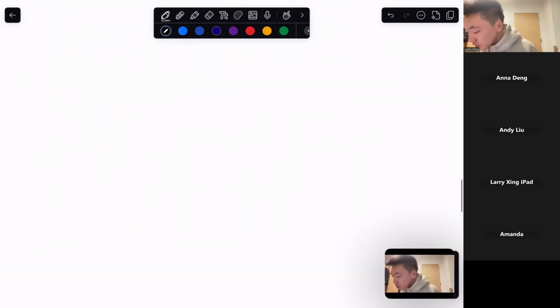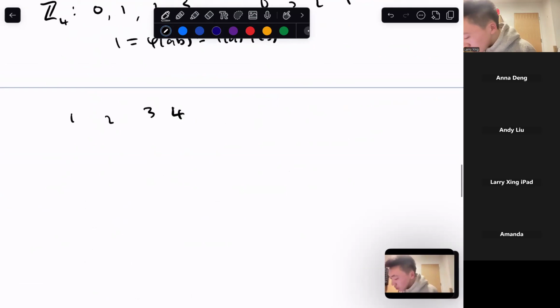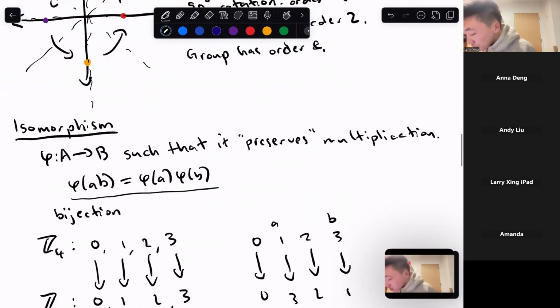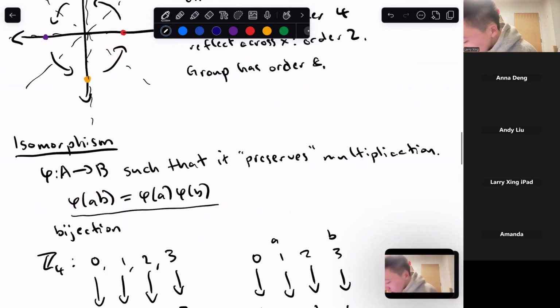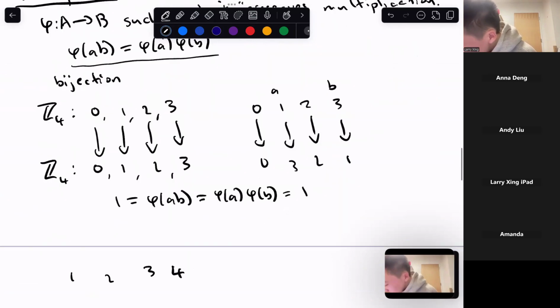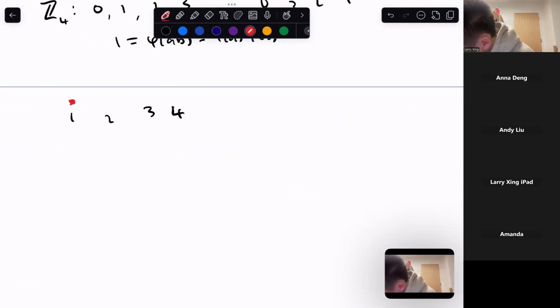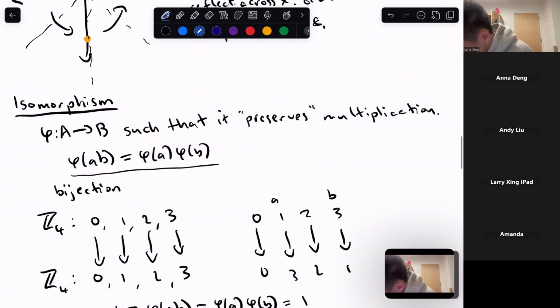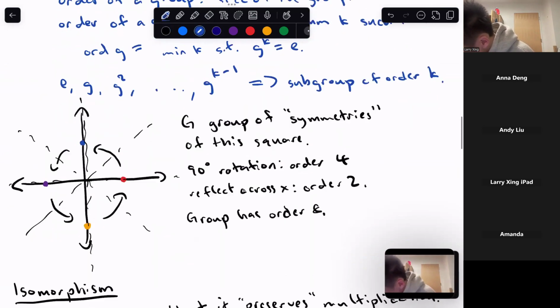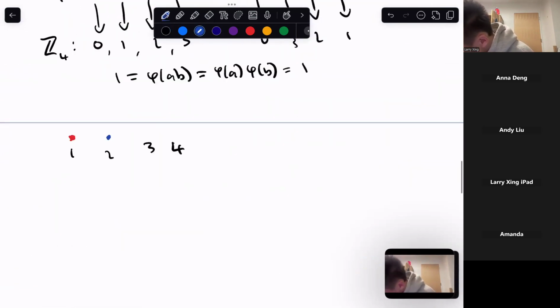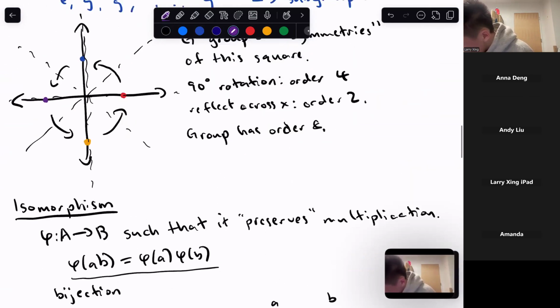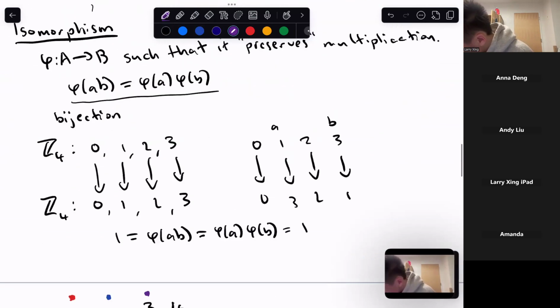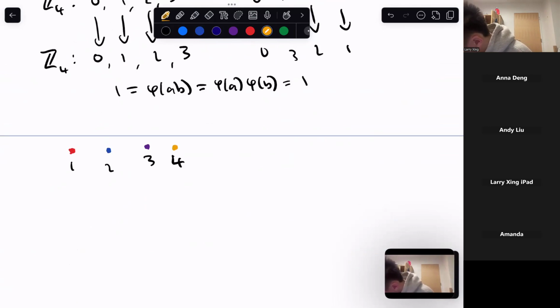But if we restrict it to a certain set of permutations, then we see, for example, let's say 1 is the red dot, 2 is the blue dot, purple is this dot, and yellow is this dot.